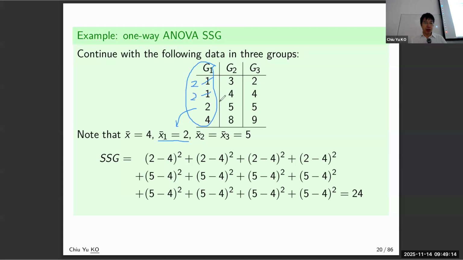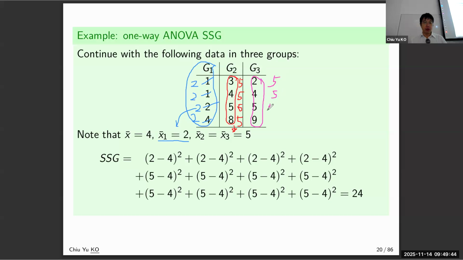Similarly, the mean of this is 5, so we replace this by 5. And similarly, this mean is also 5, so also replace this by 5 as well.